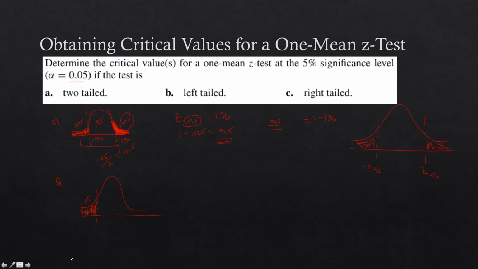So the rejection region would be to the left. So just go to your table 2, look up 0.05 since the table reads to the left, and you're going to get negative 1.645. We solved that just a moment ago. Now, here's what we typically say about a left-tailed test.